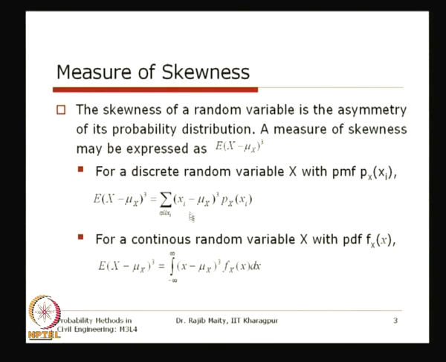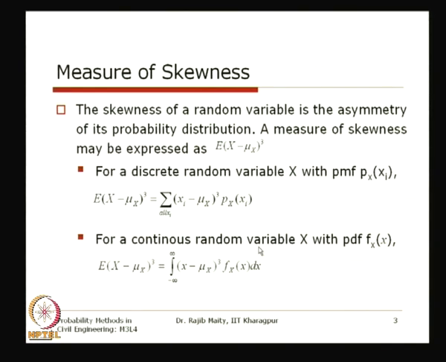So this function will be multiplied by the probability density, or for the discrete it is the probability value for that particular outcome, and we will sum up all these things to get the third moment with respect to the mean.